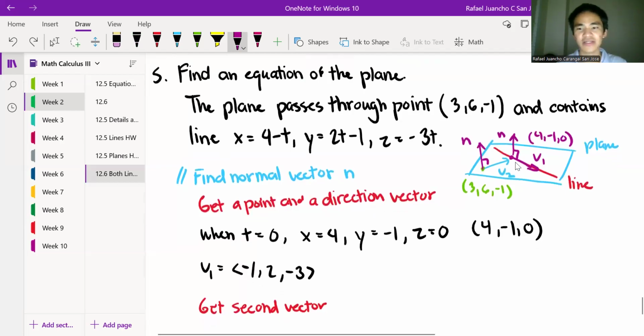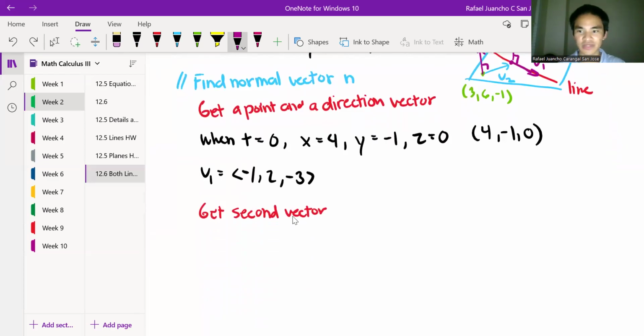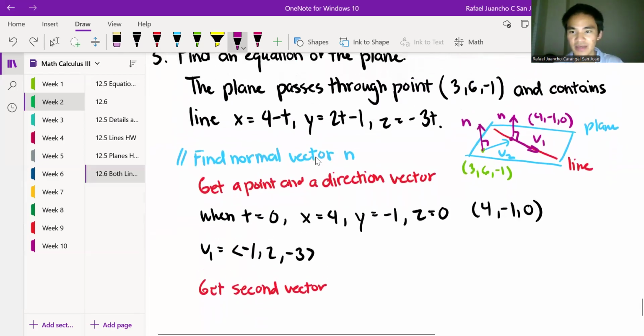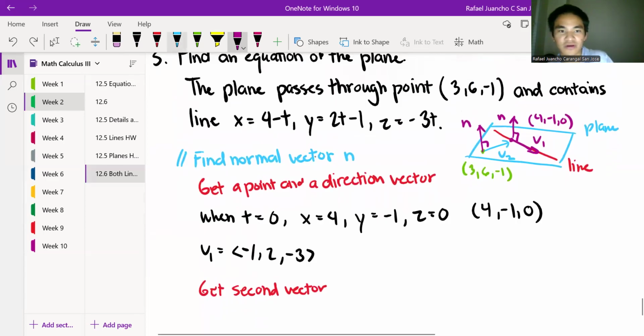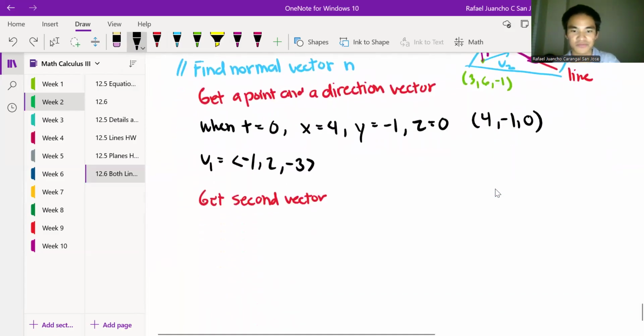We want to get the direction vector. Why? I didn't know at first, but now I know. If we get the direction vector of that, and then we get a second vector, which is from our initial point, 3, 6, negative 1, all the way to that point on the line, that's our V2.